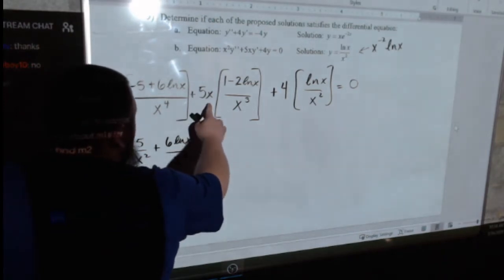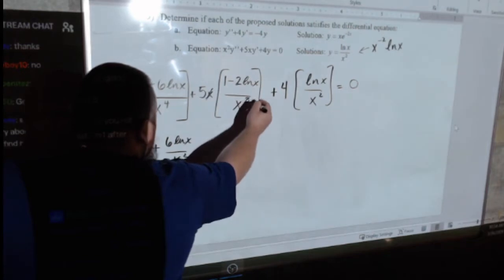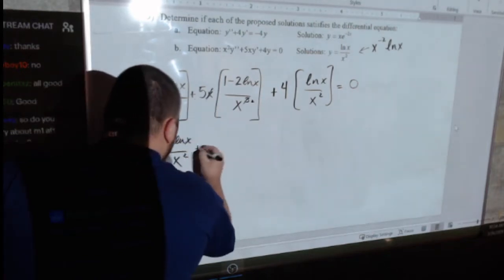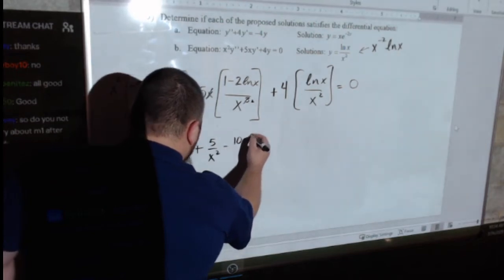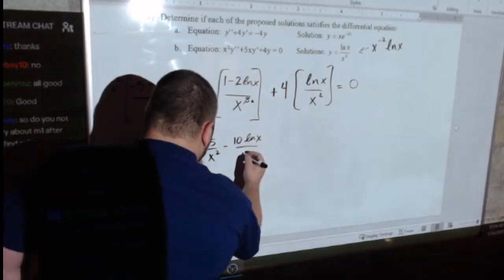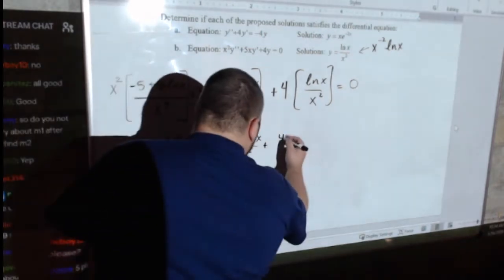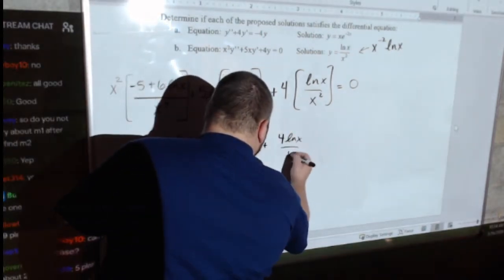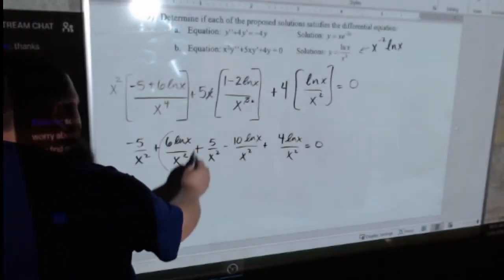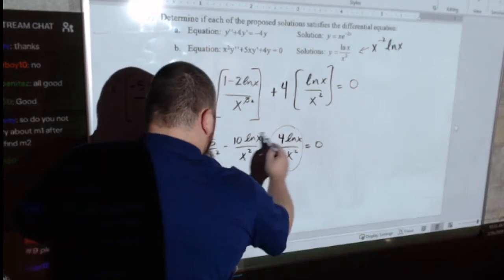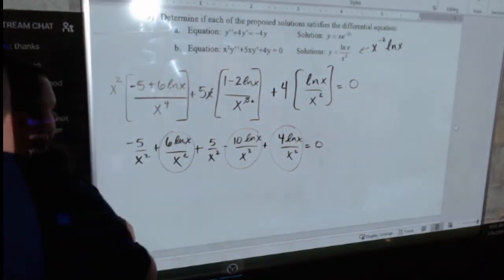This is going to give me, again, over x squared, 5 over x squared minus 10 log x over x squared plus 4 log x over x squared. All right, I've got plus 6 plus 4 minus 10, all times natural log over x squared.